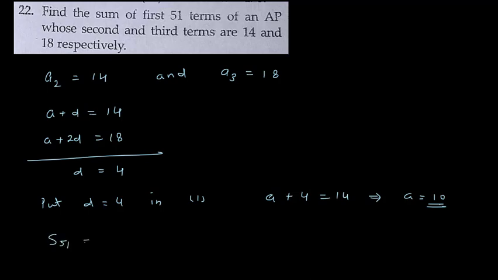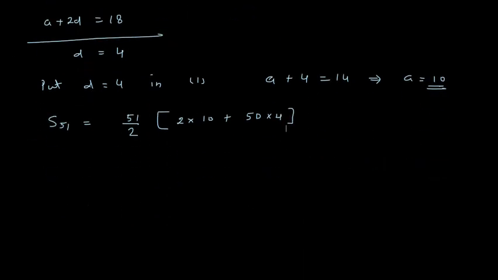So S51 will be what? 51 divided by 2, into 2a, that is 2 into 10, plus 51 minus 1, that is 50, into the value of d, which is 4. So S51 is 51 divided by 2 multiplied by 20 plus 200, so it is 51 divided by 2 multiplied by 220.